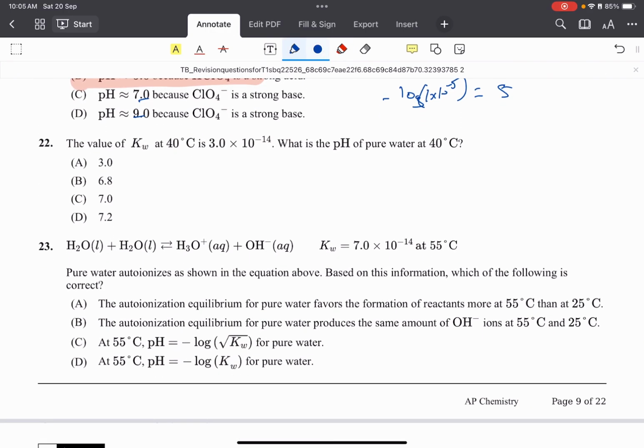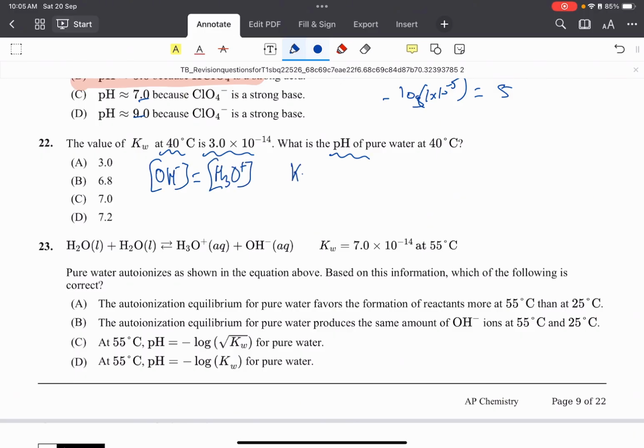The value of Kw at higher temperatures increases. Fine. So the pH of pure water at that point is how much? To calculate this, we always know in pure water, OH minus is always equal to H3O plus.